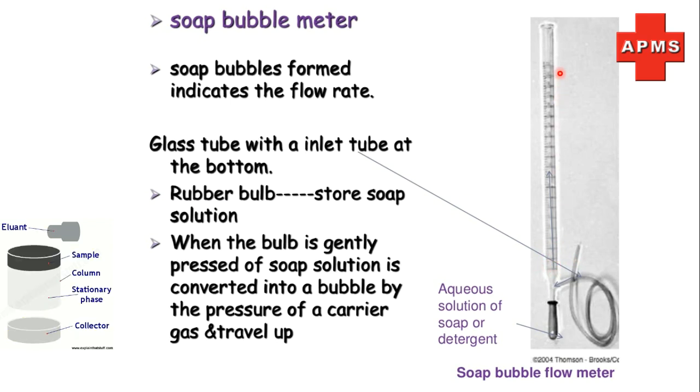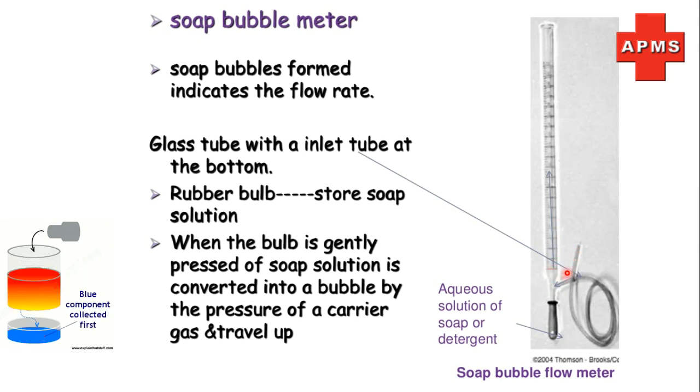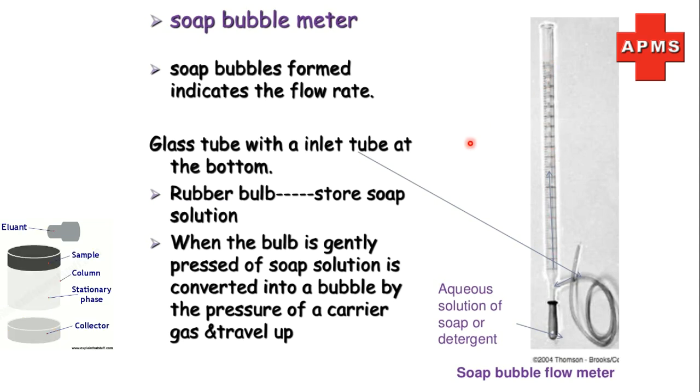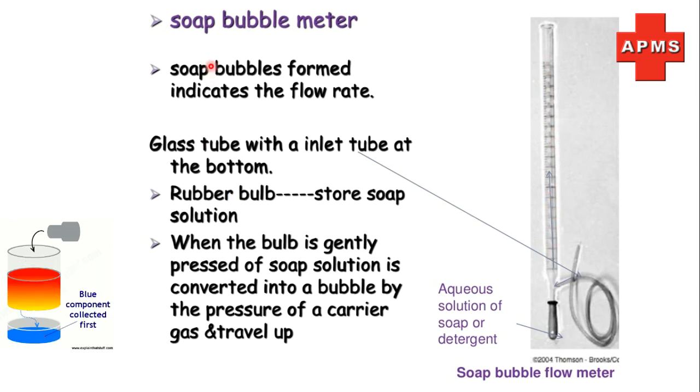By this we can measure the length of this tube and also the time lapse when this bubble goes from this side to this side. So we can measure the speed by applying a formula like distance upon time, where we can measure the velocity of this carrier gas. Okay, so the soap bubble formed indicates the flow rate.